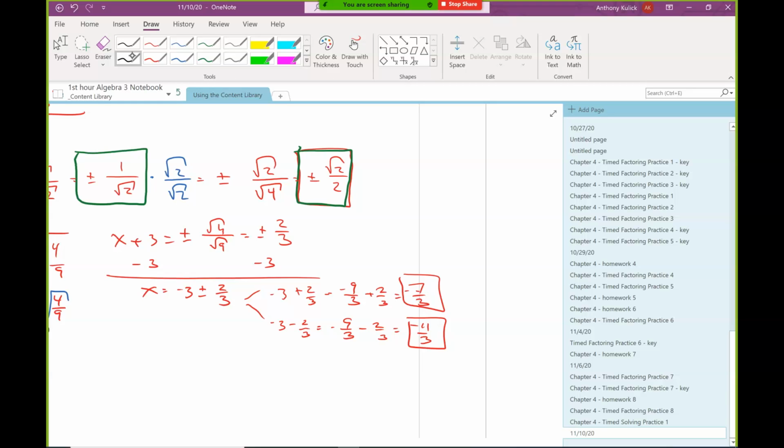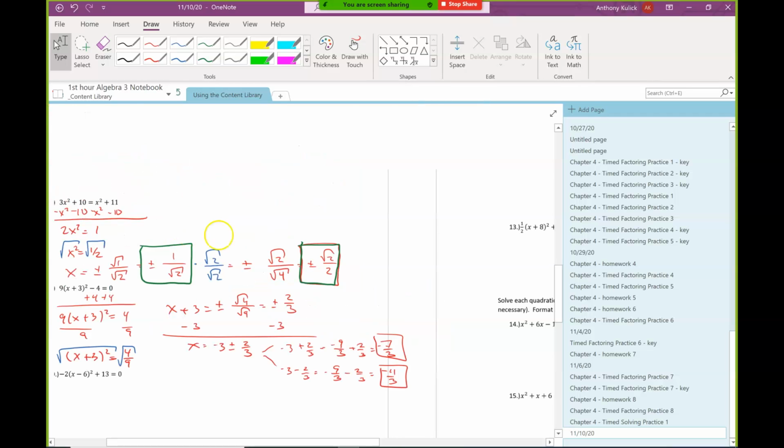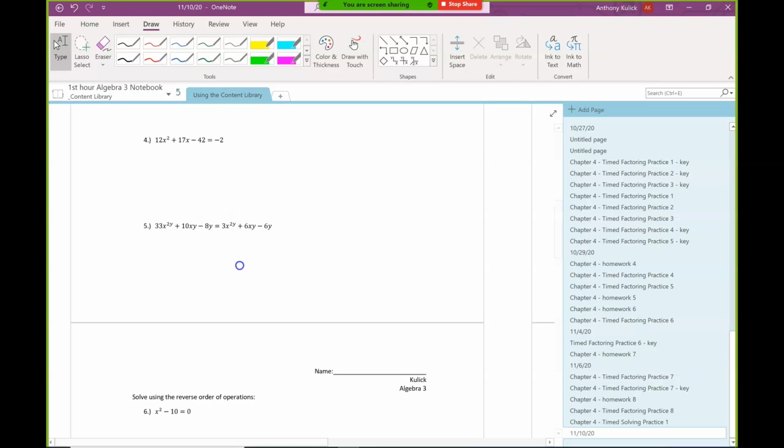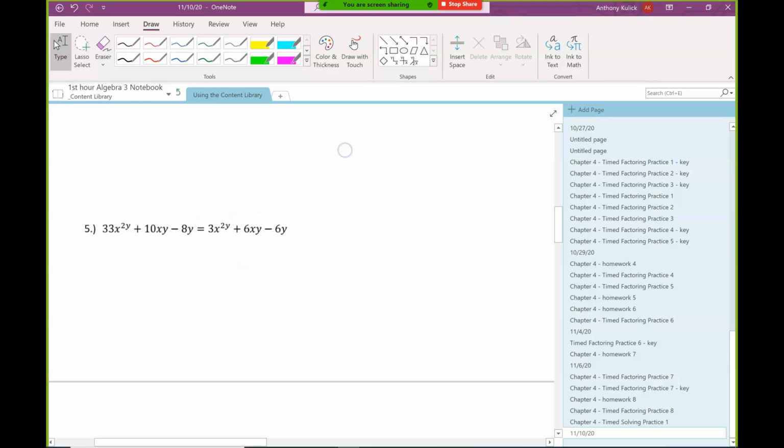Number 5? Sure. Okay. So this one is just, I made a typo, which kind of made it impossible to do. So notice here that technically speaking, we don't have a polynomial because we have a variable in the exponent.